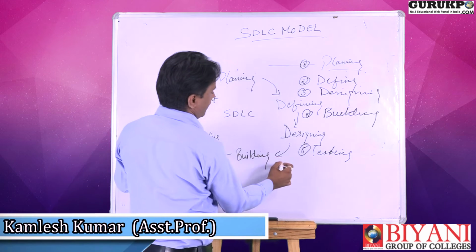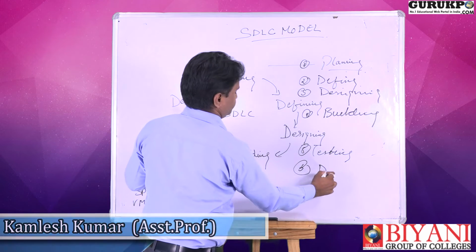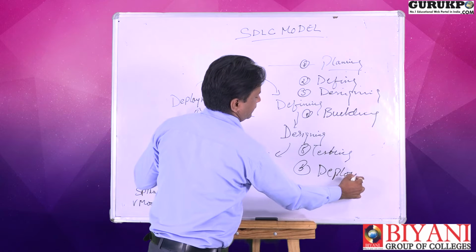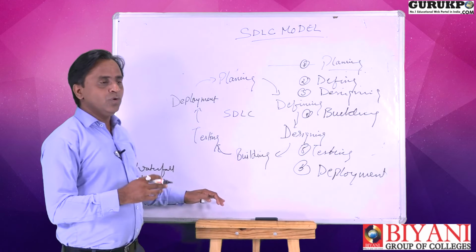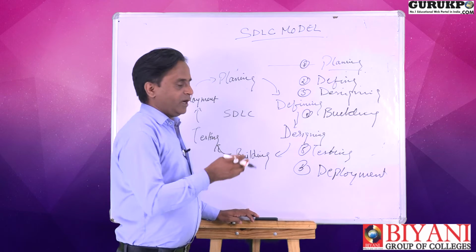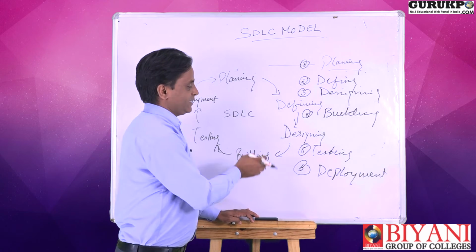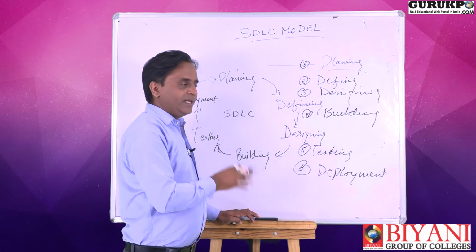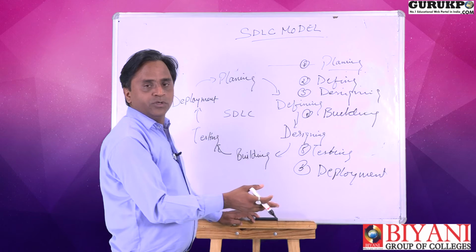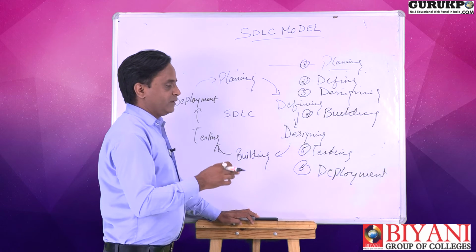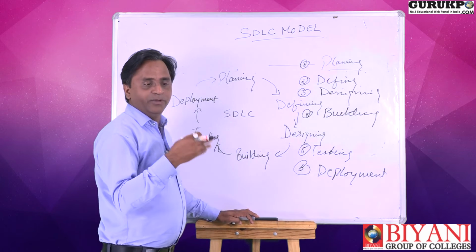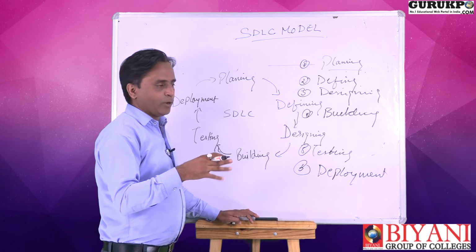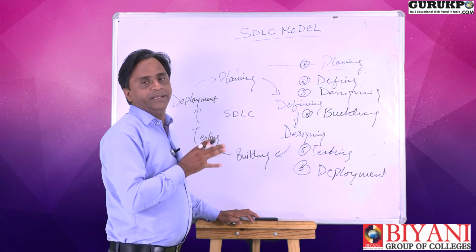After testing, we have the last stage, 6, deployment. Deployment means that after testing we have to give our software to the user. We test the software, then we deliver the software to our user. That means we check whether it works in the proper way, whether it is working in the market or not.